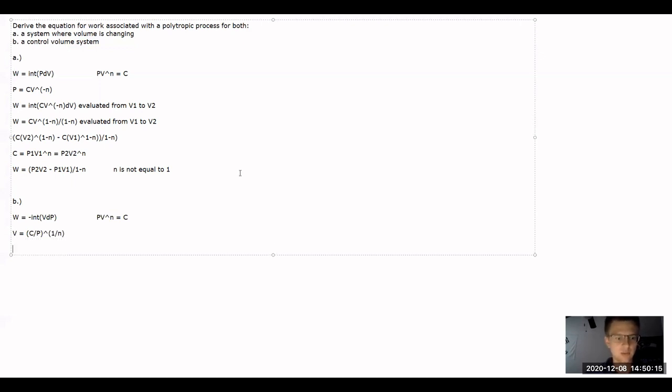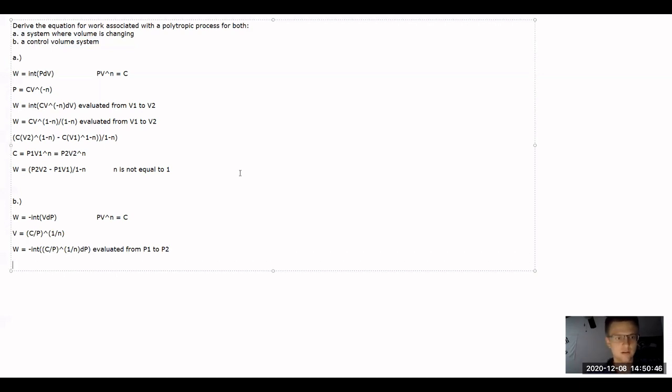This equation we then plug into our work equation. So we get minus the integral of C over P to the 1 over n dP evaluated from P1 to P2.